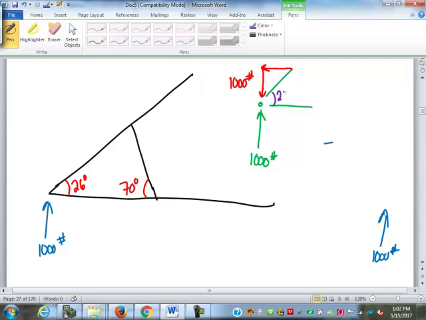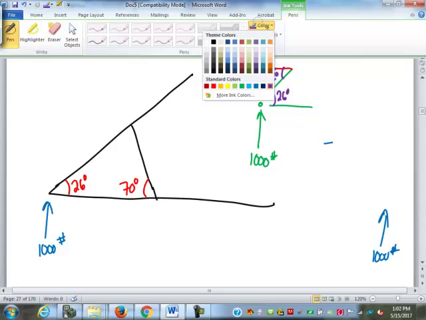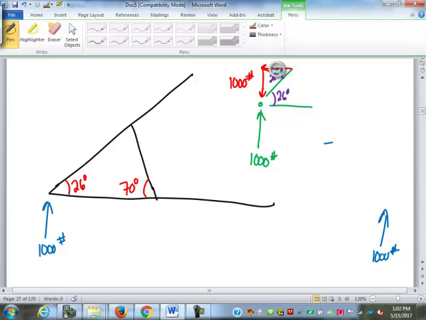If this is 26 degrees here, this is also 26 degrees. So I can find that component there. That component is off a tangent. Tangent 26 degrees is 1,000 over whatever that is, I'll just call it x for now.